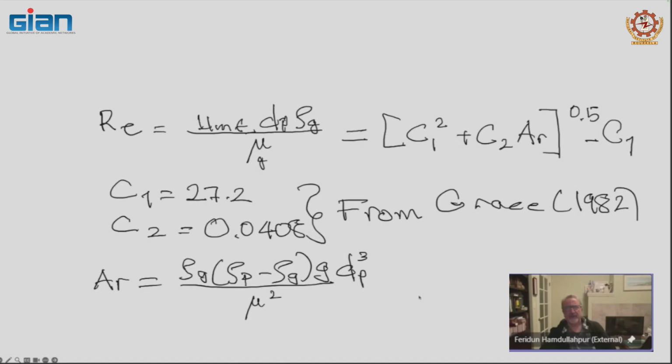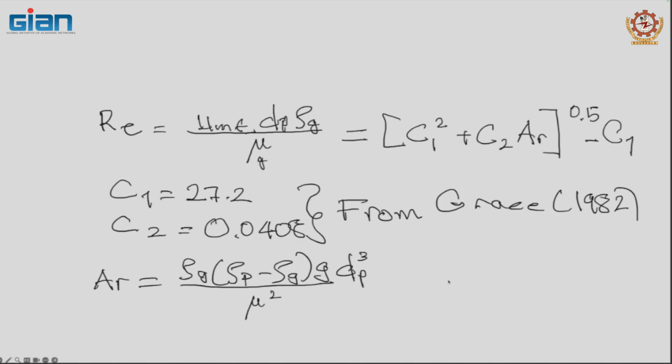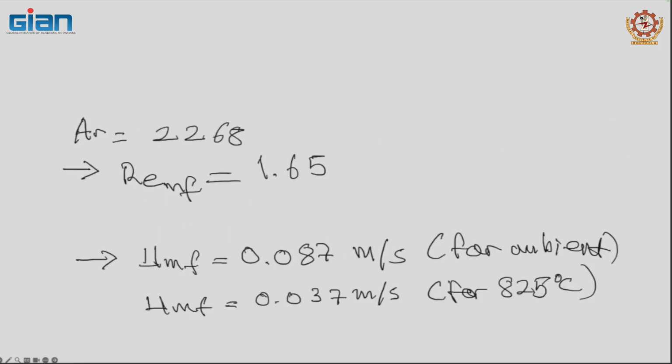When you put those in there, with the Archimedes number defined as this one, you find the Archimedes number is 2268, which gives us a Reynolds number at minimum fluidization of 1.65. This is for the gas, okay?